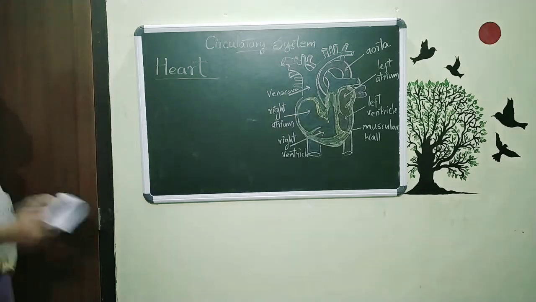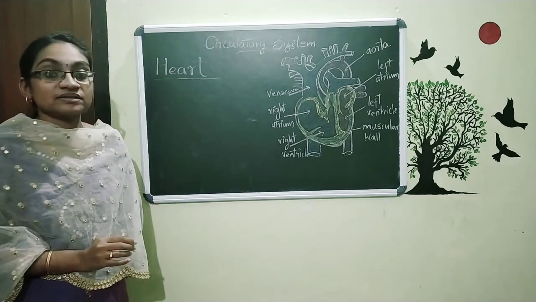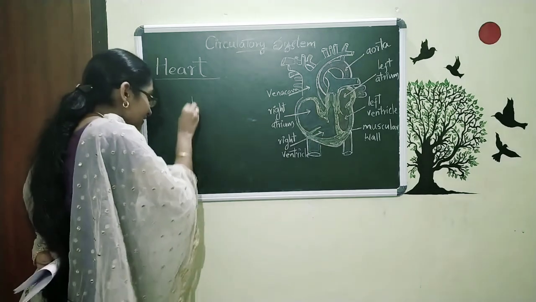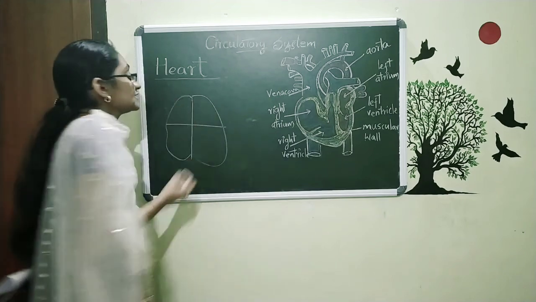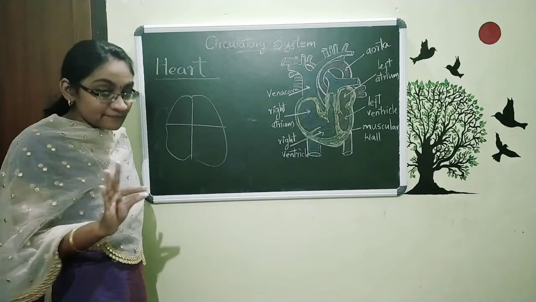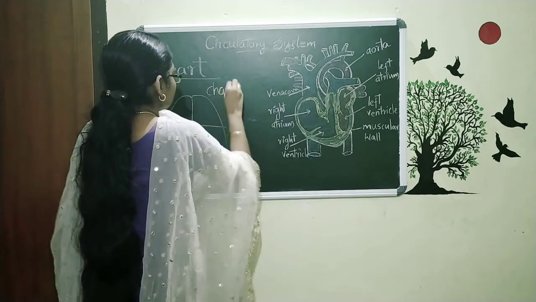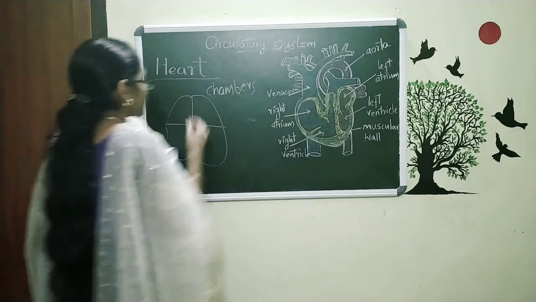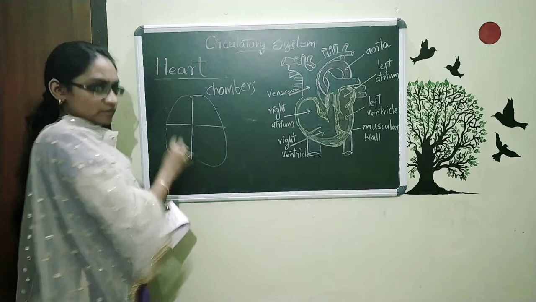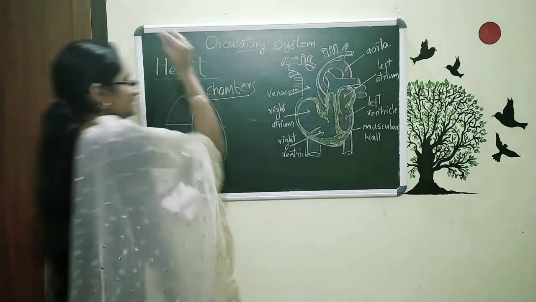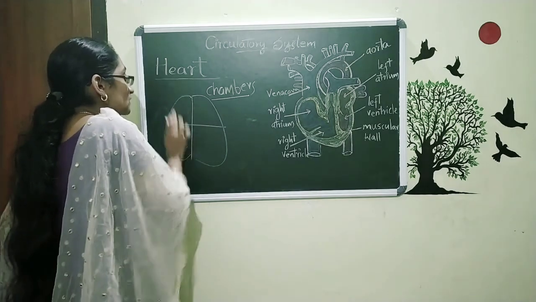The next point is, how many compartments are there in our heart? We can simply say that in our heart there are 4 compartments, or 4 rooms, and we call them chambers.